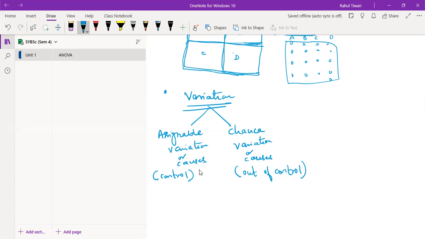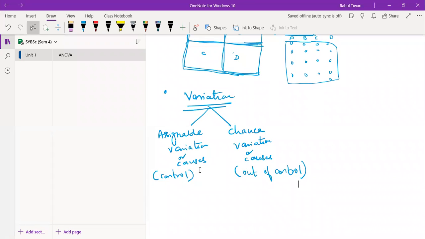It can happen, it is unavoidable. Maybe something happens and because of that you cannot do it, so you cannot work on that. But assignable causes can be reduced and managed, so you can work on them.